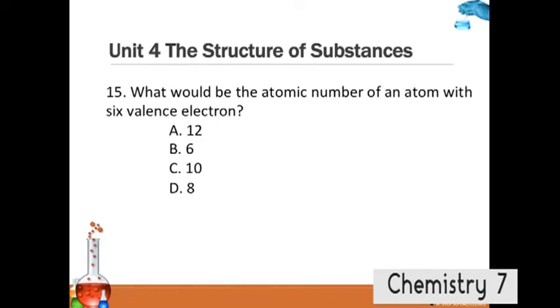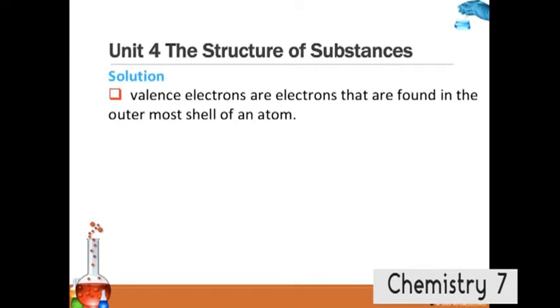What would the atomic number of an atom be with 6 valence electrons? A, 12, B, 6, C, 10, or D, 8? Valence electrons are electrons that are found in the outermost shell of an atom.